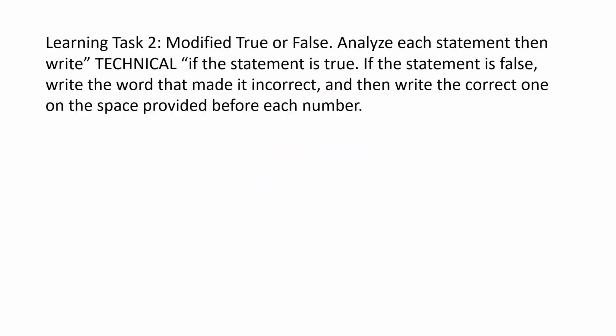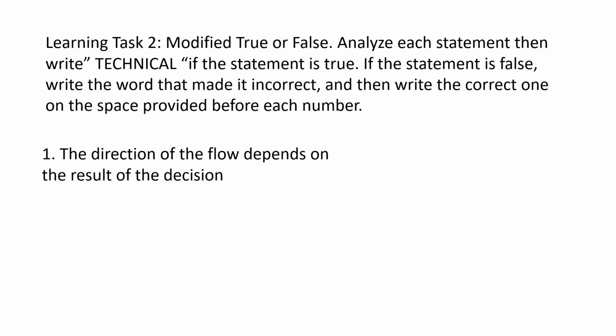For your learning task 2, modify true or false. Analyze each statement, then write technical if the statement is true. If the statement is false, write the word that makes it incorrect and then write the correct one on the space provided before each number.